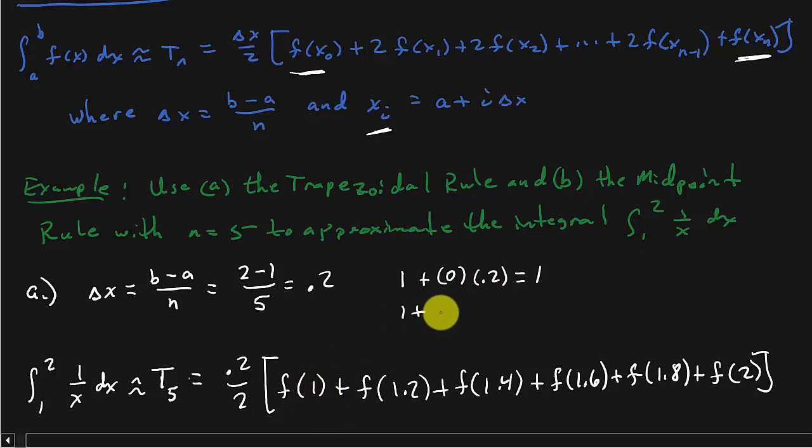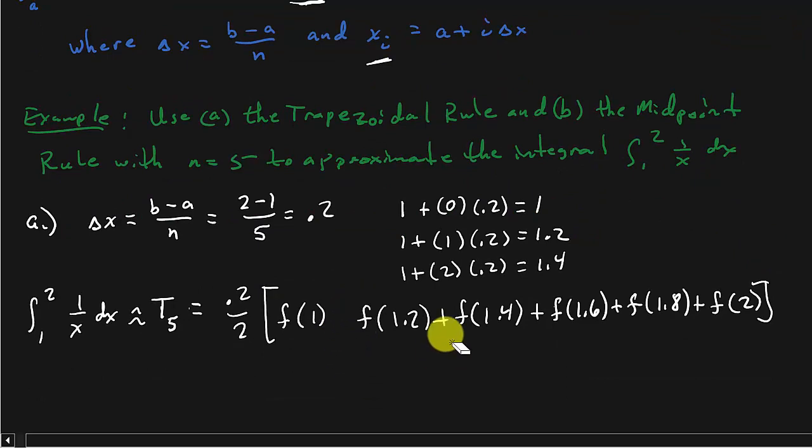Then we need x sub 1. That's 1 times 0.2, which is 1.2. And for the next one, i is 2 times 0.2, which is 1.4, and so on. And yes, I do realize what I did.